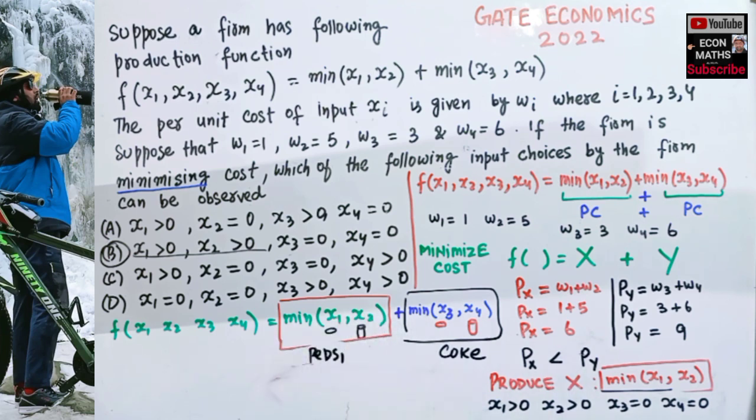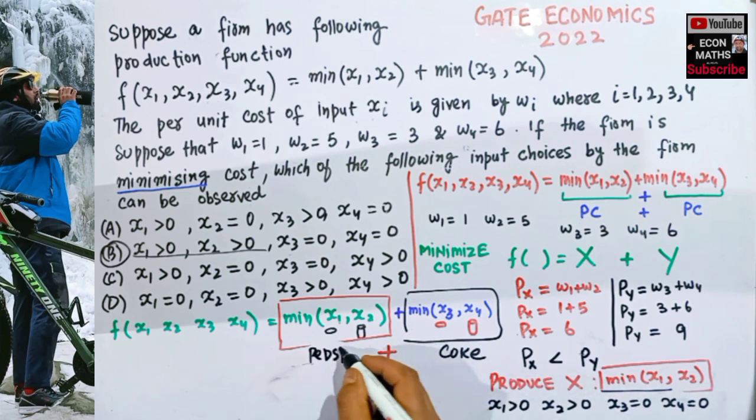So the minimum function means that these are perfect complements of each other. To produce one Coke bottle, we require one cap and one bottle. These two, x3 and x4, are perfect complements of each other. But these two pairs, in themselves, are what we call perfect substitutes of each other.